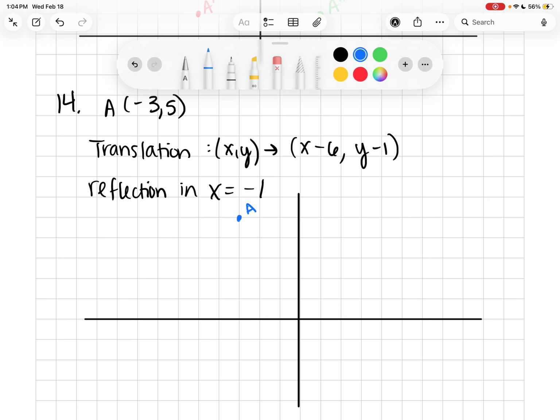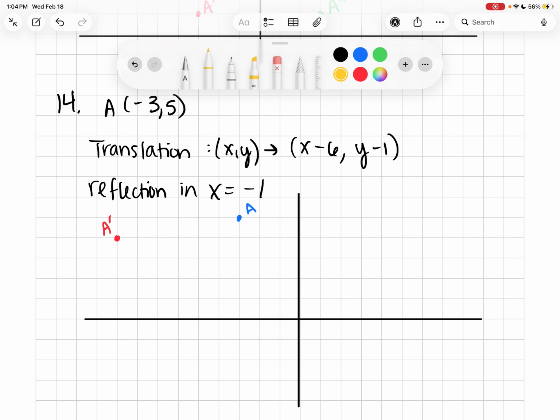So that just means that I need to, basically from here, go back 6. So 1, 2, 3, 4, 5, 6. And then the y value says to go down 1. So that just means put it down here. So I don't even have to find exactly what they are. I can just move the point over and down. And so this would be my A prime.